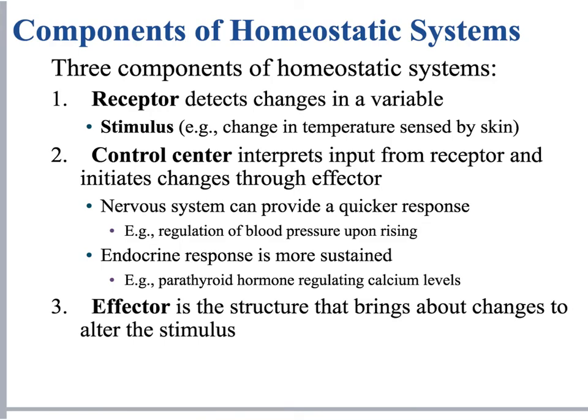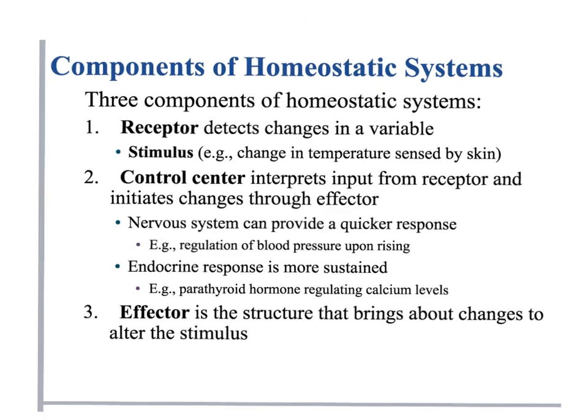And so you have three basic components of a homeostatic system. I gave you a couple of examples: body temperature, blood glucose levels. You could talk about hormone levels in your body. You name it. A lot of these are homeostatic mechanisms meant to keep you at a normal state.